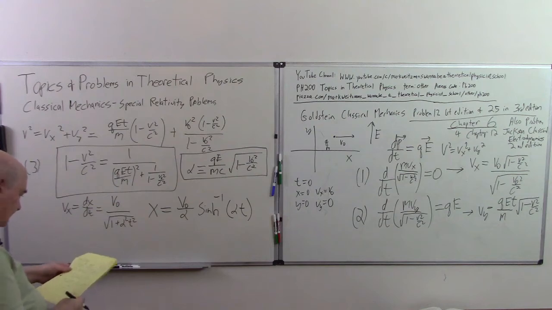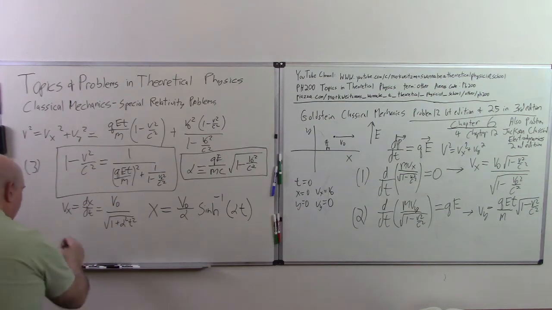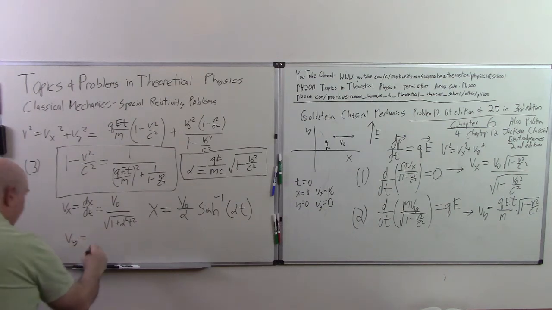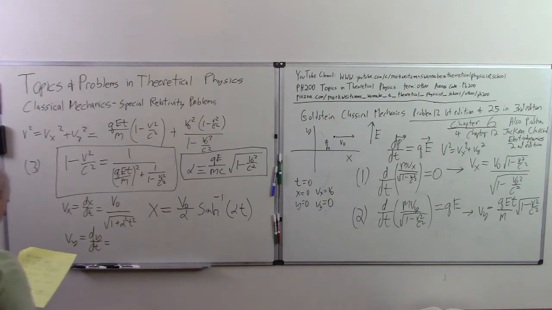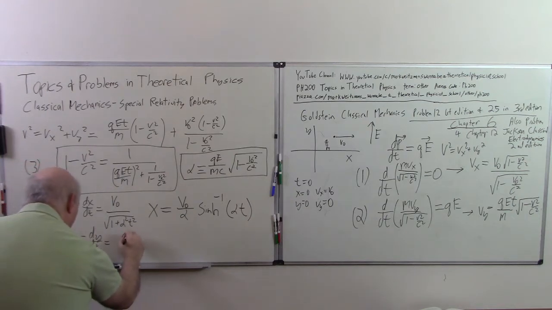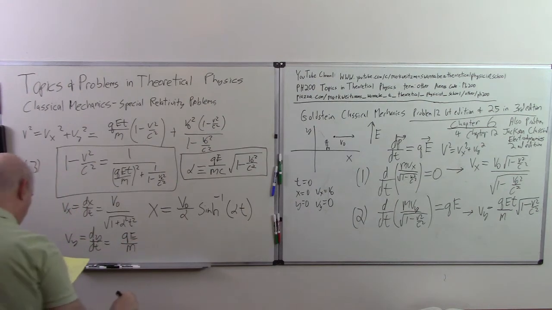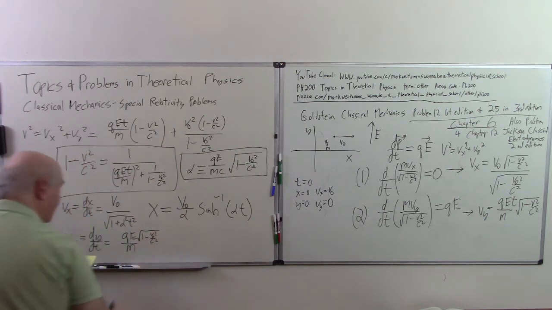And now do Vy. Vy, which is again defined as dy/dt. This is an even easier differential equation because you're going to get QE over M times the square root of 1 minus V0 squared over C squared.